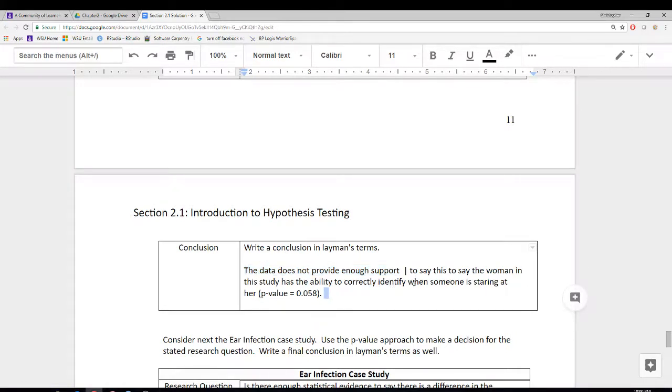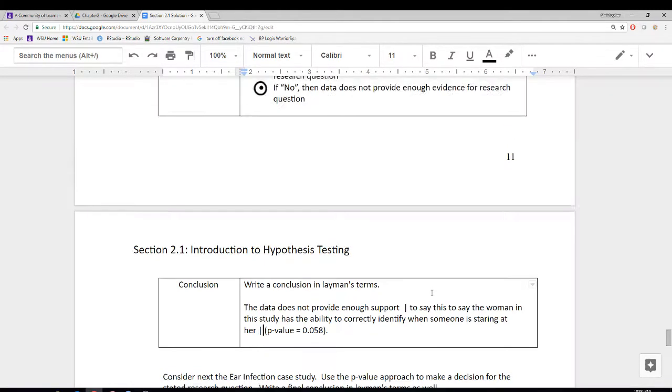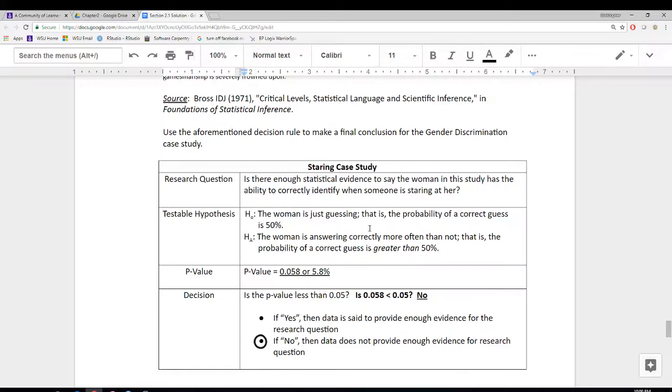The second part is simply restating the research question. The research question for the staring example was, let's go back up and look at it: is there enough evidence to say that the woman in this study has the ability to correctly identify when somebody's staring at her?